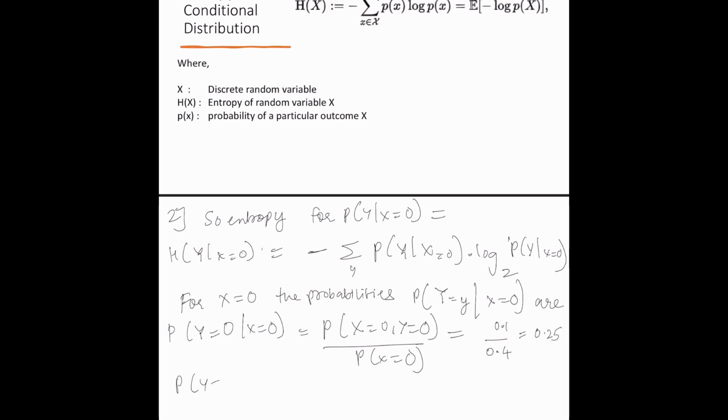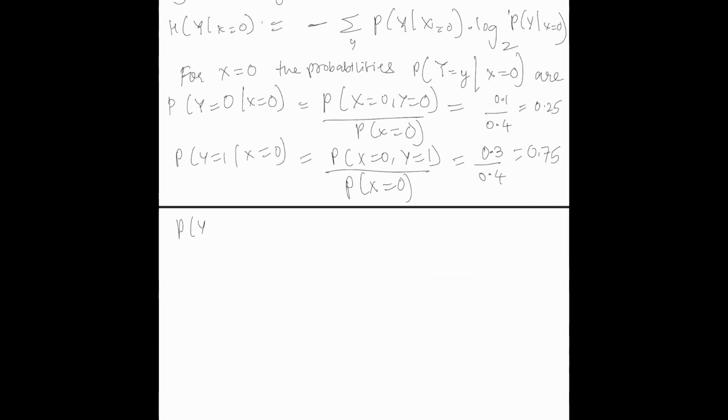Next, p of y is equal to 1 given x is equal to 0 will be equal to p of x is equal to 0 comma y is equal to 1 divided by p of x is equal to 0. Again, substituting the joint probabilities from the table, this will be 0.3 divided by 0.4, so this will be 0.75.